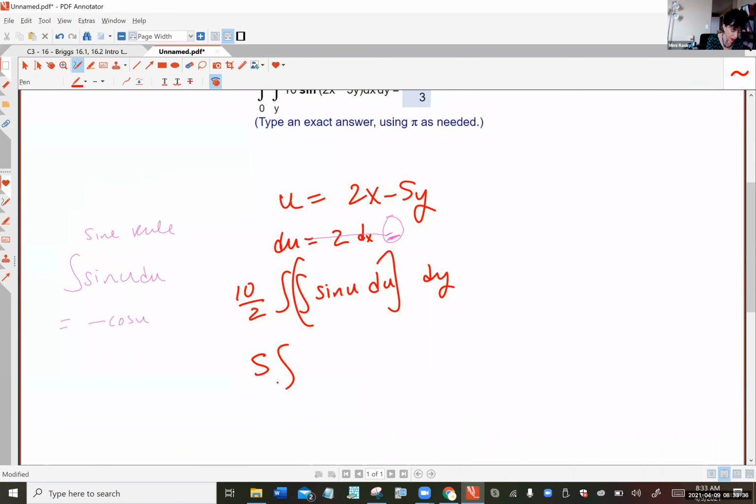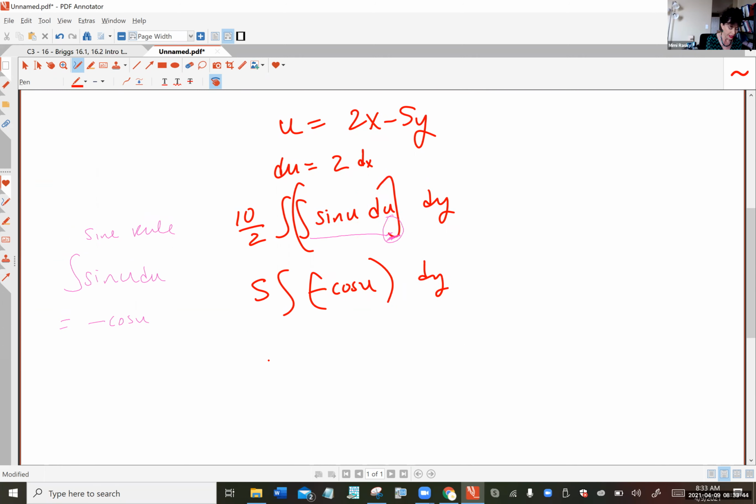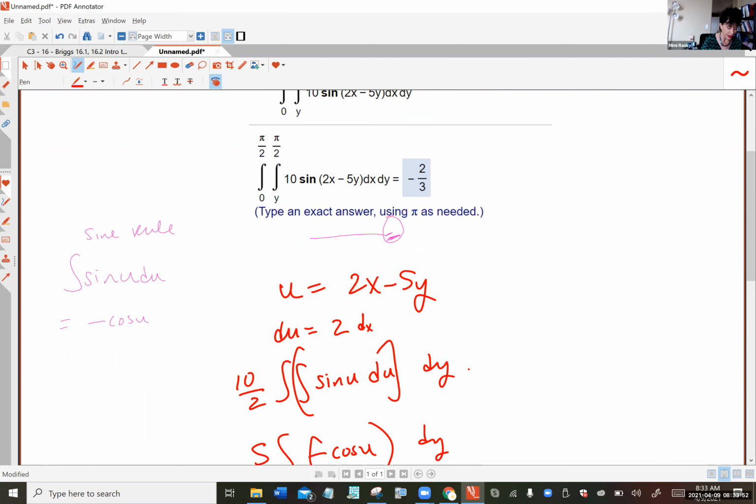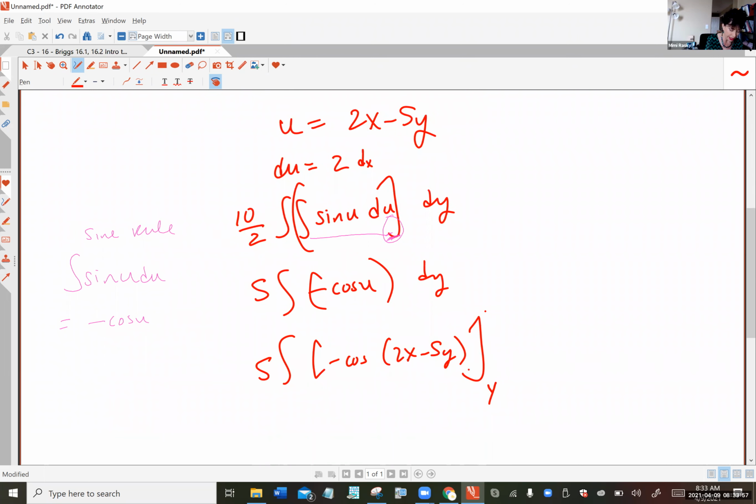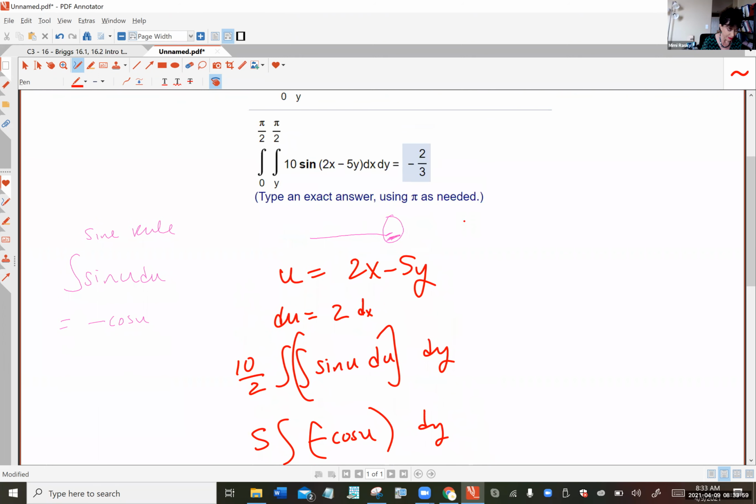Then we're going to have the antiderivative, which is minus cos u. But be careful, I'm doing intermediate steps here, because I'll back substitute what my u is, the quantity 2x minus 5y, and the limits on that innermost integral look like they were going between y and, what was it again? Pi halves.